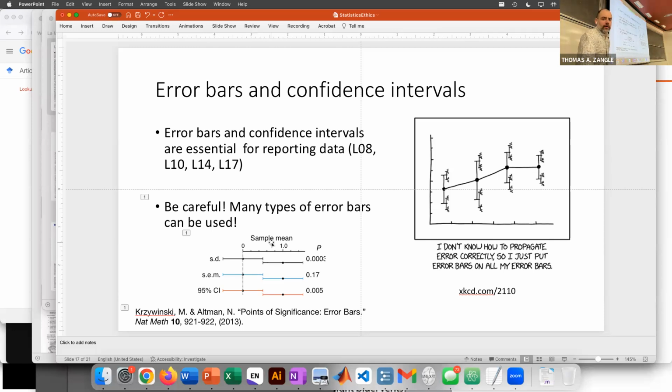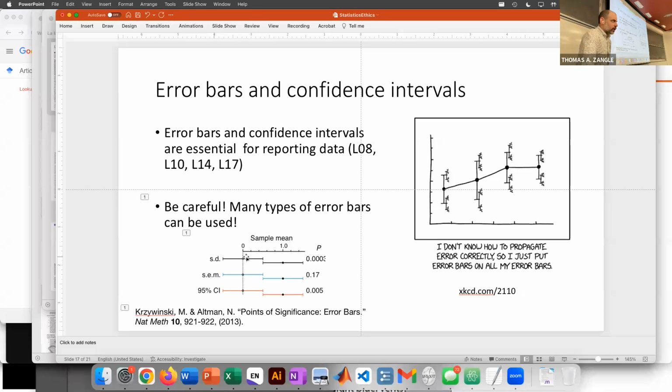And these have been drawn so that we have two samples, one with a mean of 0, one with a mean of 1. And then we've drawn error bars that just barely touch. And then ask, what is the level of significance on differences between those two mean values? Right, so what is the level of significance that we could ascribe?